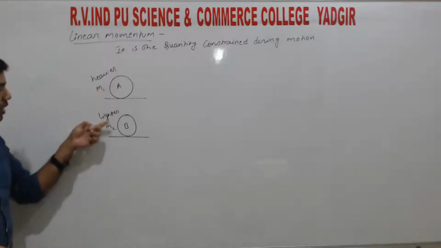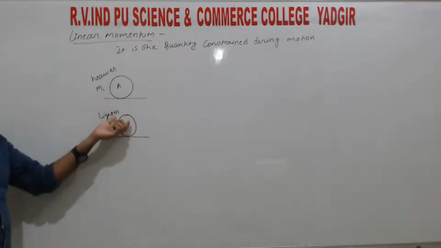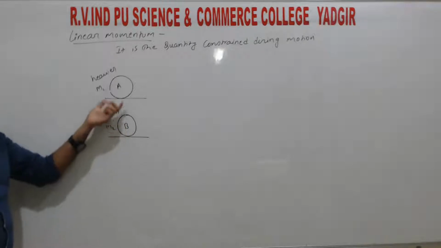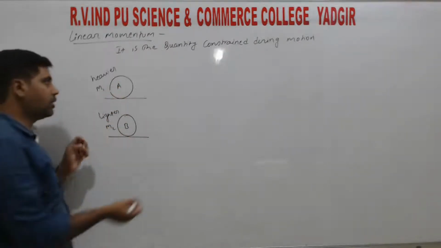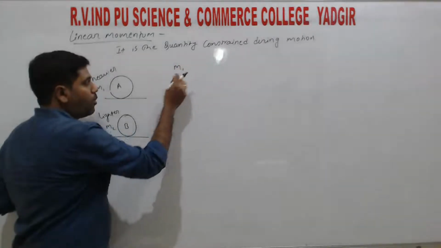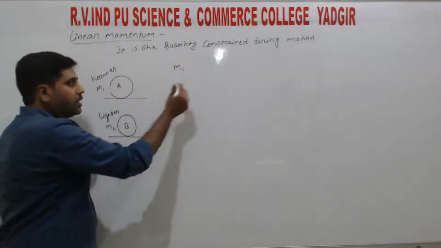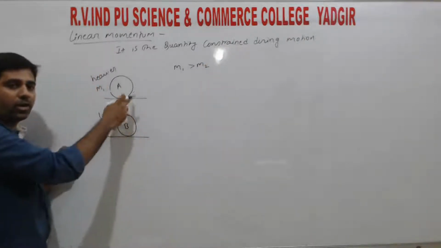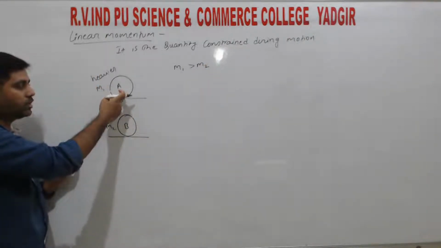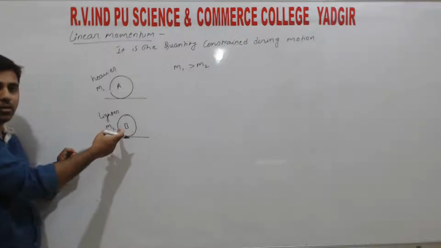So here M1 and M2 indicate the masses of objects A and B, and the mass of A is greater than the mass of B.